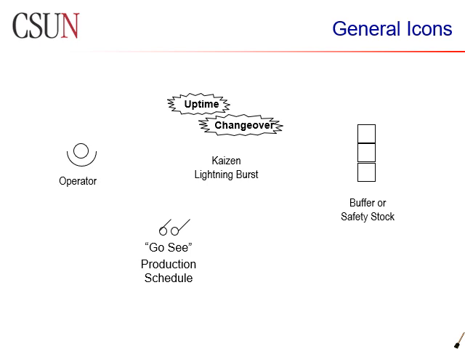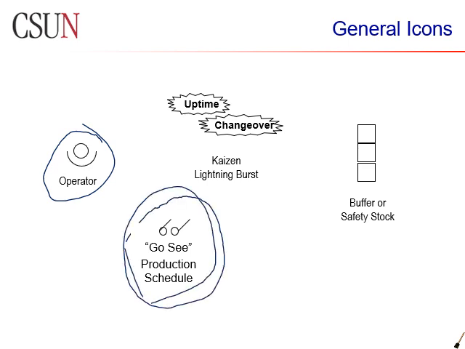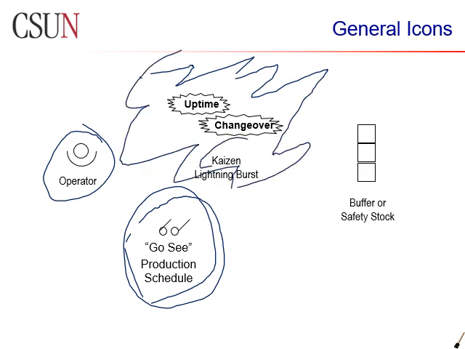And then we have general icons such as how many operators are required for a machine. We need to go to see something in person. This is a Gemba. If we have something that is wrong, we need to improve it. We can form a Kaizen event. Here is a Kaizen event, and so on.